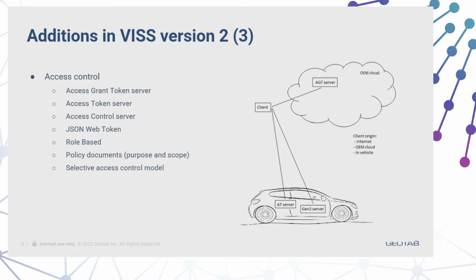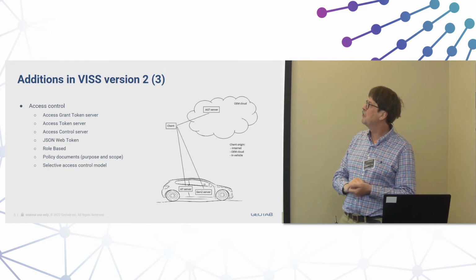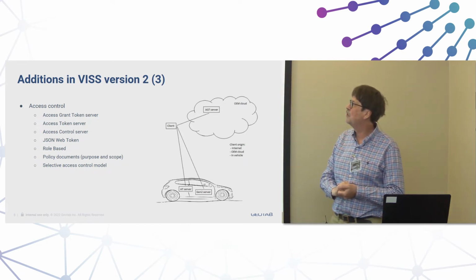If the client is authenticated, and the client must also request a role, this access control model is role-based, and the server then grants that, it will send back a first token, an access grant token, to the client.